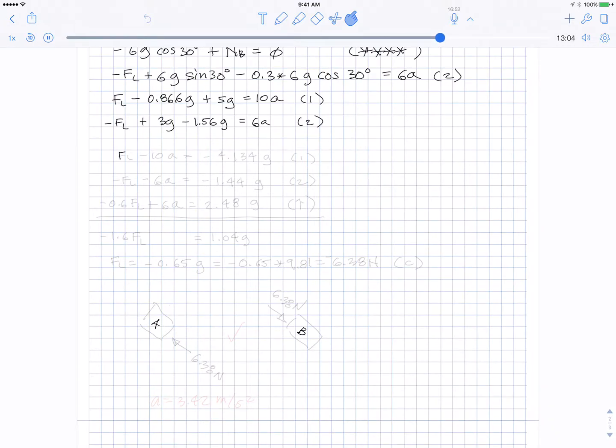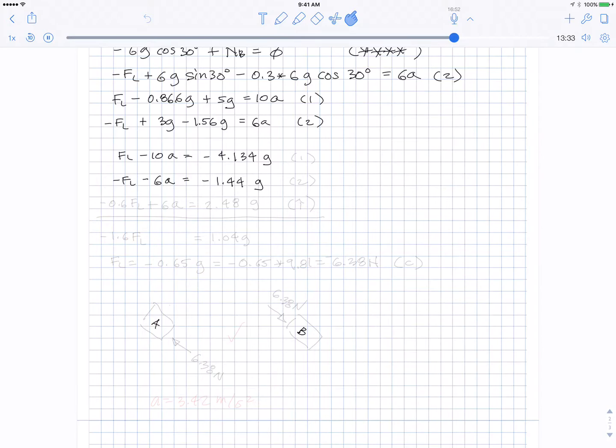Okay, so again, I'm going to rearrange these a little bit more. We got FL minus 10A equals minus 4.134G, and minus FL minus 6A equals minus 1.44G.